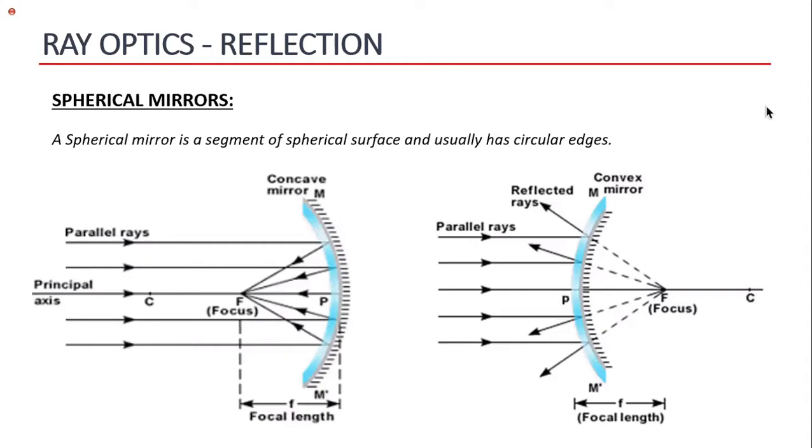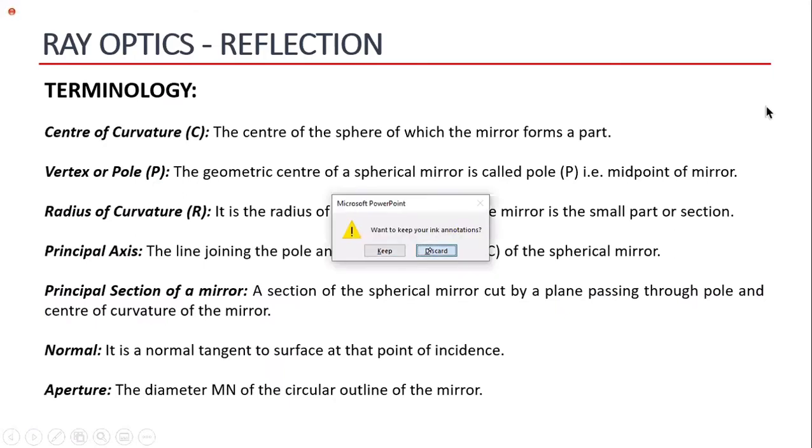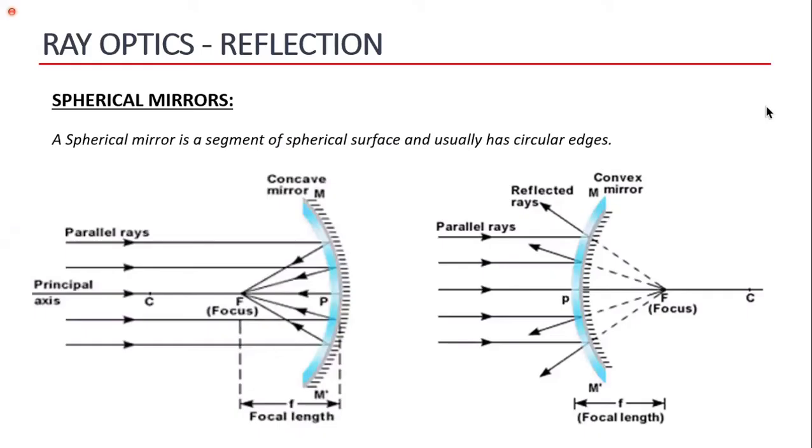Concave means, for example, if I take a circular mirror, and now I take a knife and cut the mirror in this fashion, this is the part which you'll get from that.